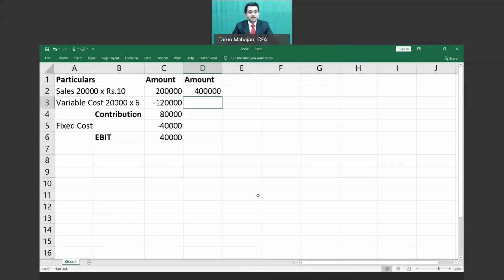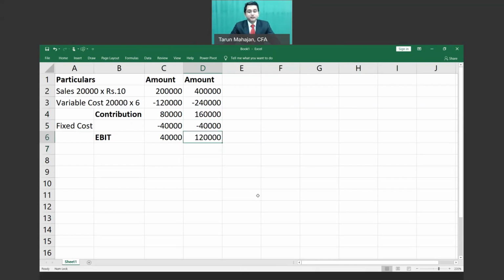So if I take sales equal to 4 lakh, then variable cost is 2,40,000, then contribution is 1,60,000, and fixed cost will remain same as before, that is 40,000. So EBIT will become 1,20,000. So if I double the amount of sales, amount of EBIT is tripled, and this disproportionate change is actually named as leverage.